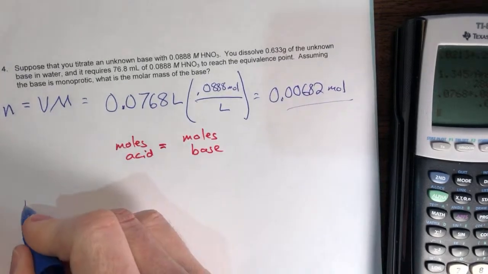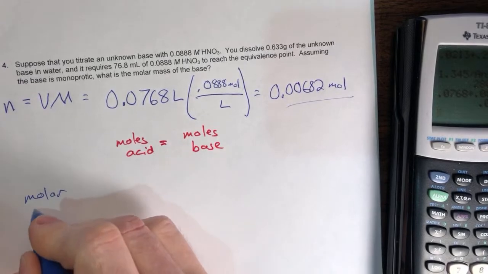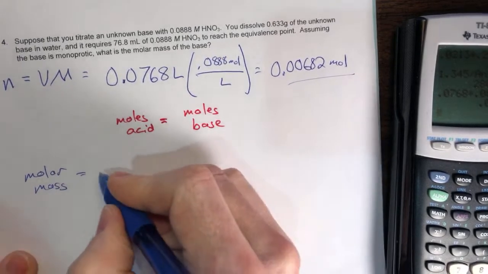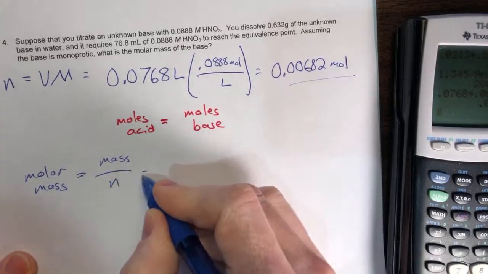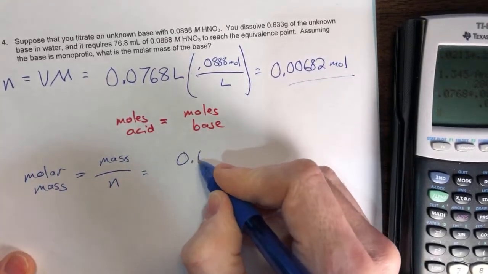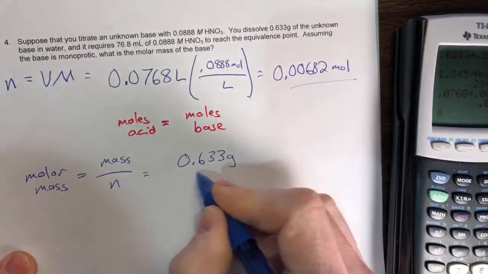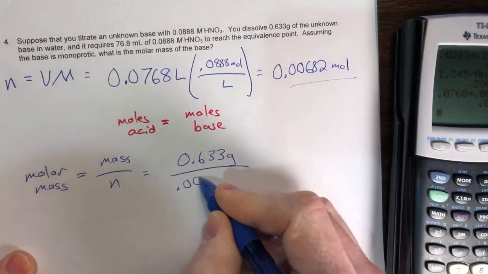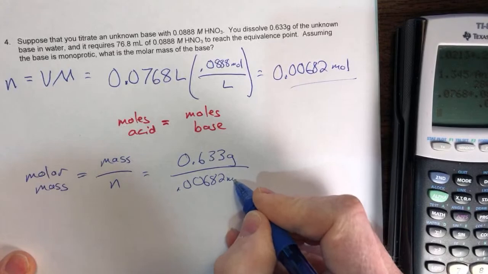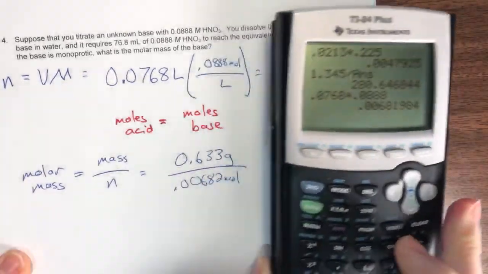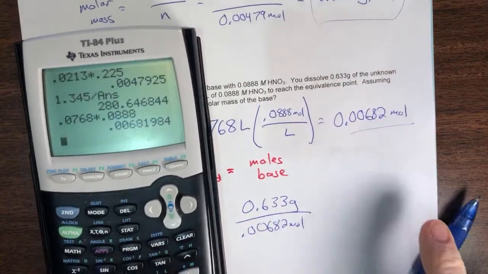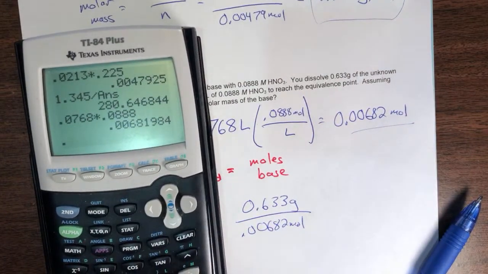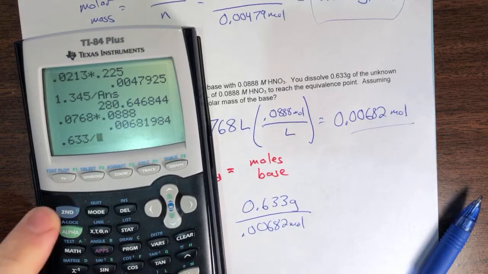Finally, let's calculate the molar mass. The molar mass is going to be the mass of the unknown divided by your moles. So that's going to be 0.633 grams divided by 0.00682 moles. I'm going to use that number I have in my calculator and just say 0.633 divided by that.